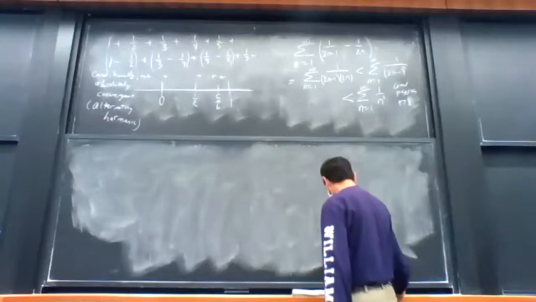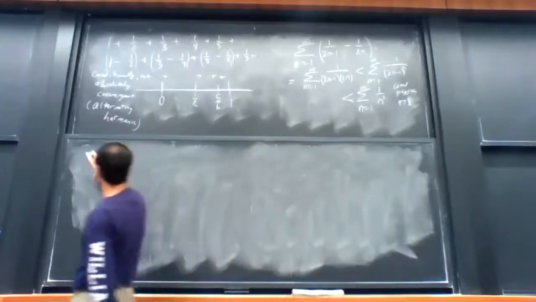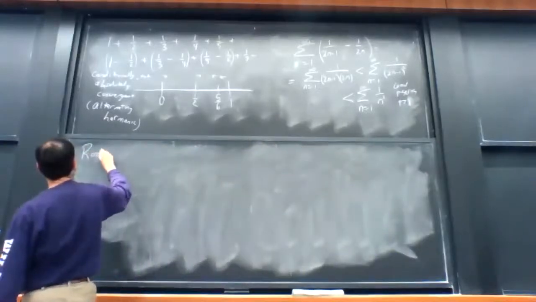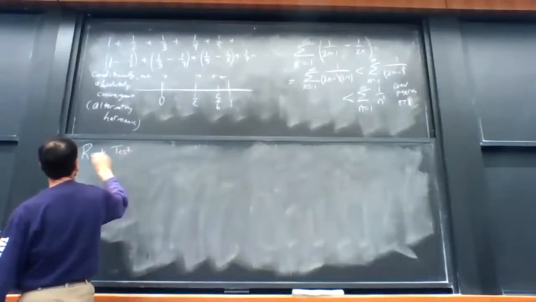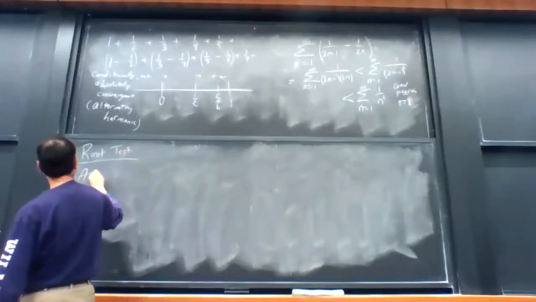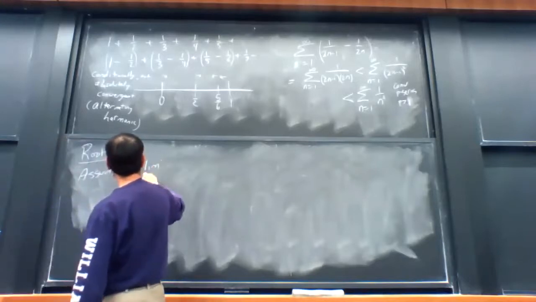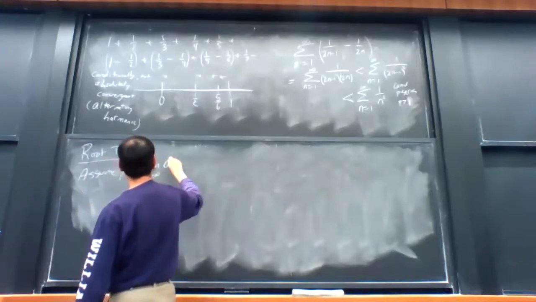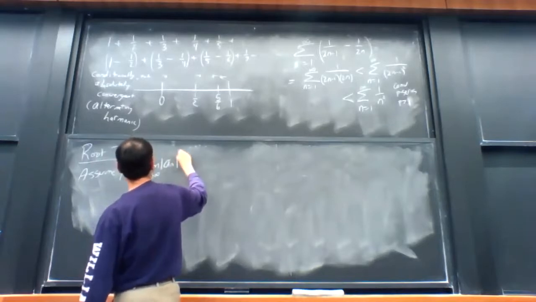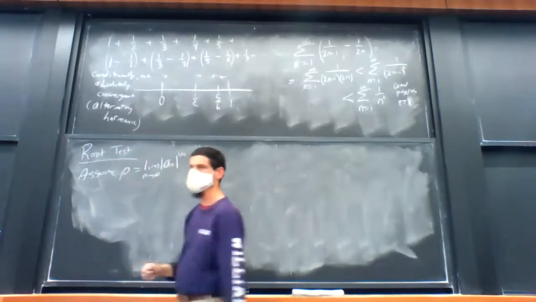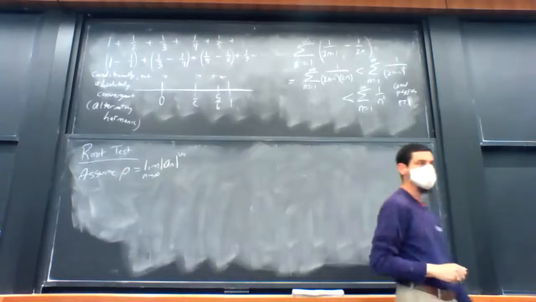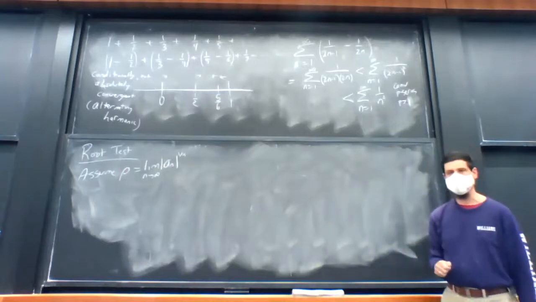Okay, so now it is the root test. So assume rho is the limit as n goes to infinity of the absolute value of a_n to the 1 over n. So this is the nth root of a_n.